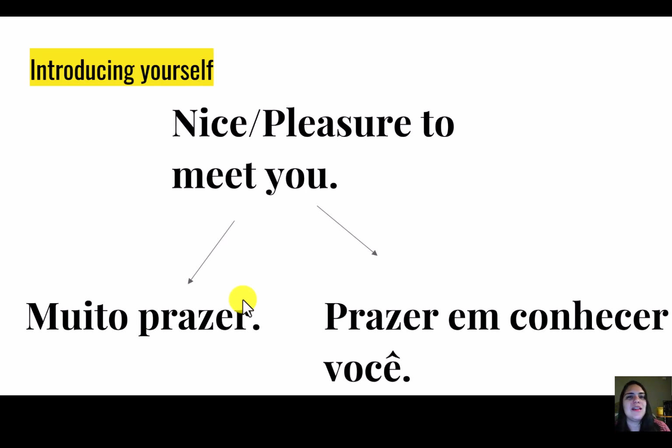So it would be "prazer". So it doesn't really matter. It's up to you what you would go with, whatever is easier for you. But I would say most people wouldn't really care as long as they can understand what you're saying. If you want to say "prazer" because it's easier, go for it. If you want to say "prazer", great.